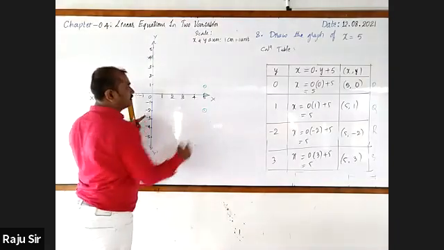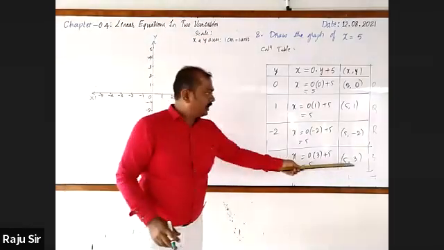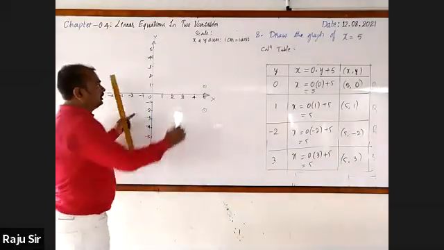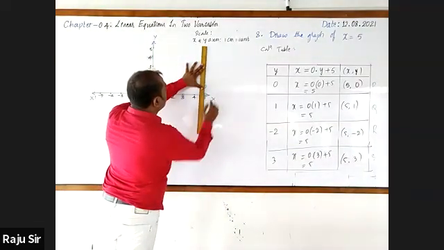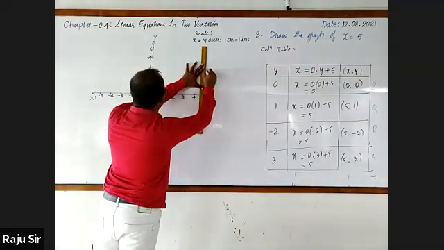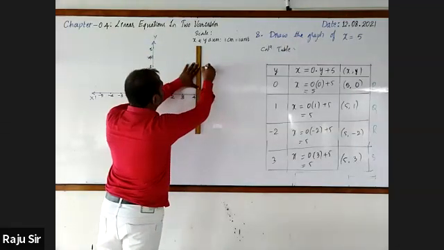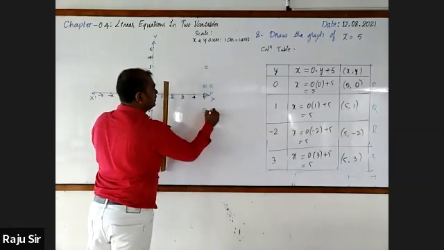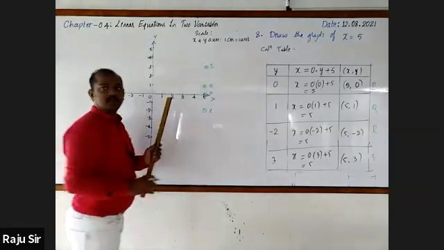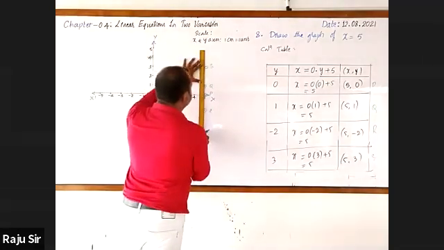Parallel to the axis. And (5, 3) is in the first quadrant. This is P, this is Q, parallel to the y-axis. Let us go for joining all these points.